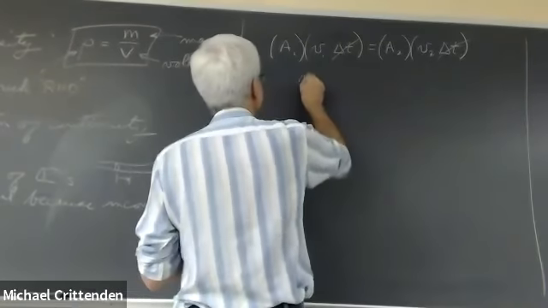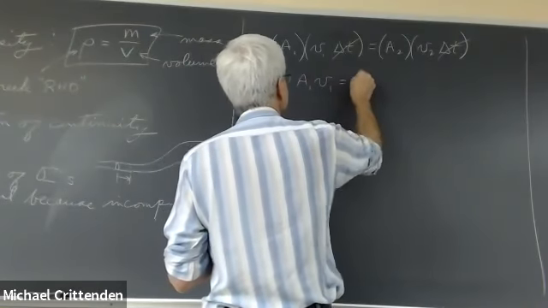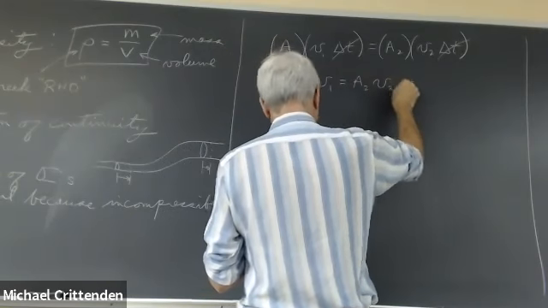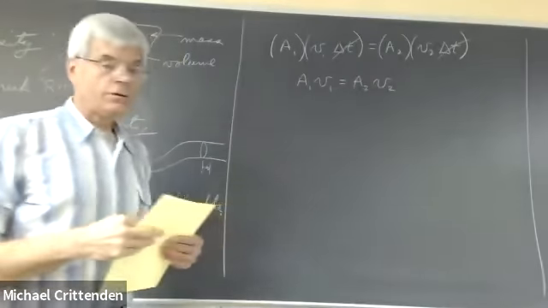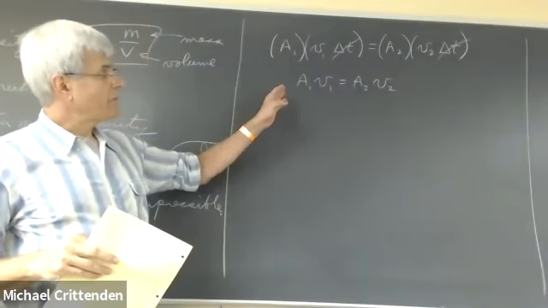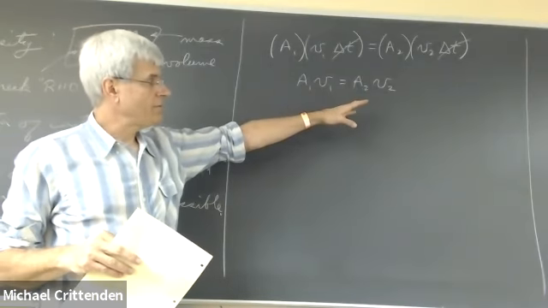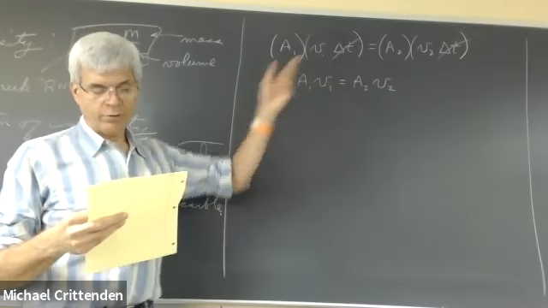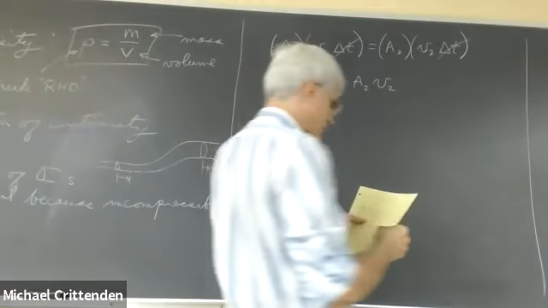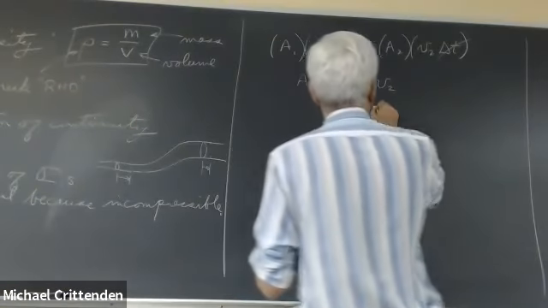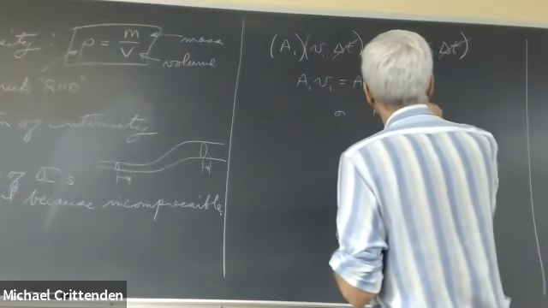So, you could write the equation of continuity as A1V1 equals A2V2, or I believe the way I put it on the formula sheet is just to say A times V is constant.